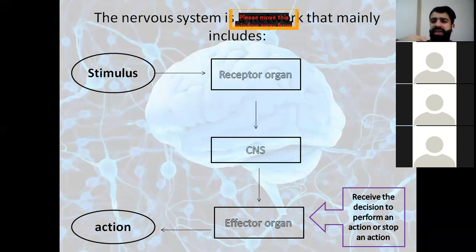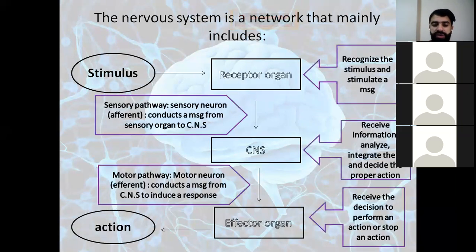For example, I'm writing an exam. My brain is sending a message to my hand, you have to write and solve. Then my brain sends a message to stop this action, so you have to stop writing and, for example, look at Mr. Muhammad. So this is the effector organ, either receiving the decision to perform an action or to stop it. This is the function of the effector organ.